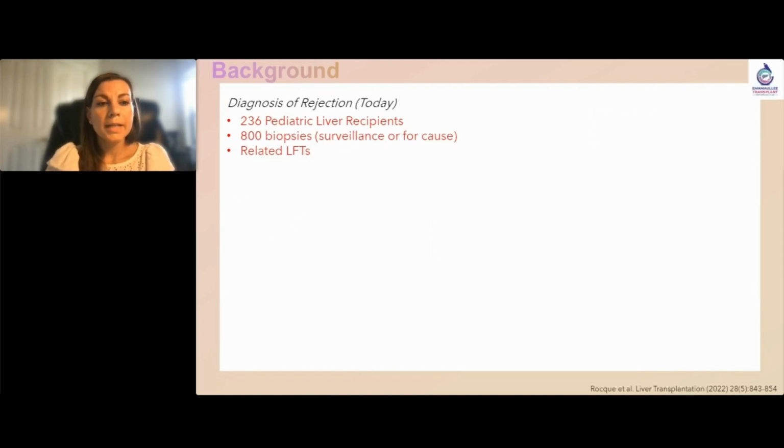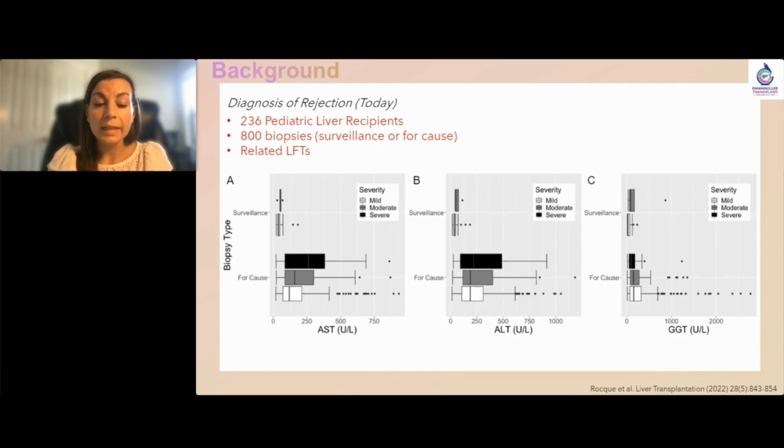When we analyzed our own institutional data that included more than 200 pediatric liver transplant recipients and more than 800 biopsies performed either for surveillance or for cause, we saw that the level of liver function tests was not really associated with the severity of rejection.